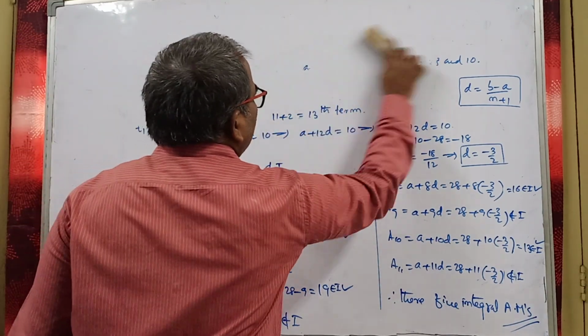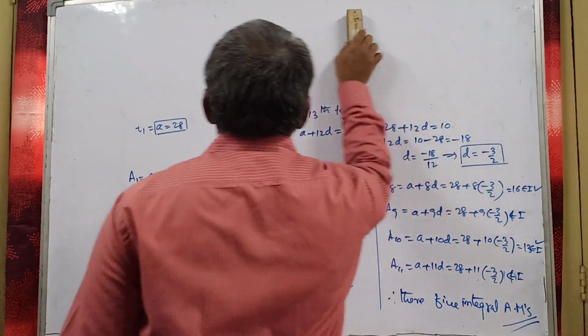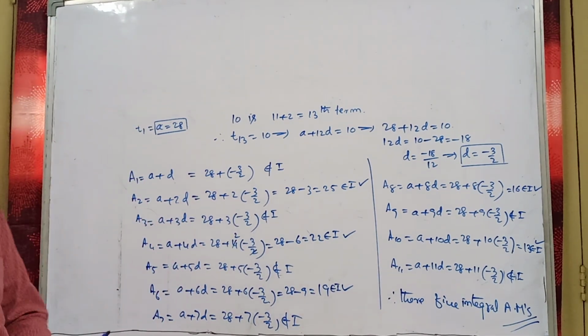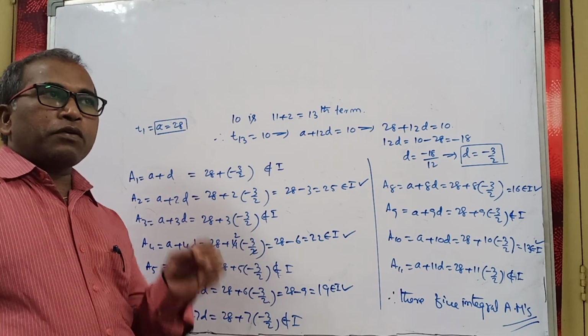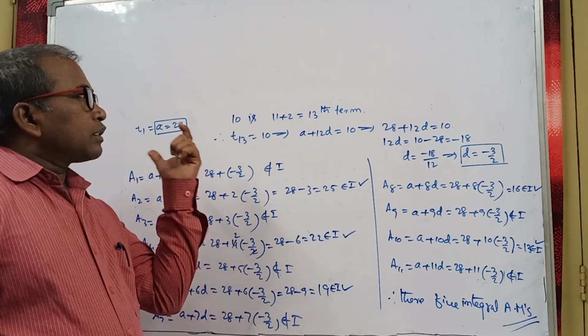First, understanding the question is very important. What has been given? Then what do we need to find? First, we have to get this type of clarity. Then start the solution.